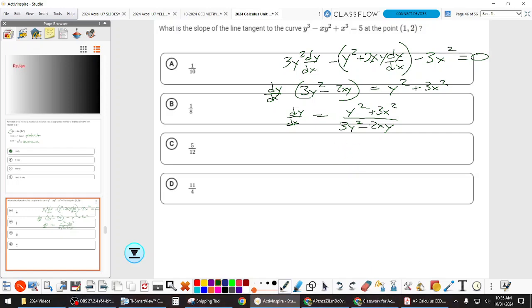Alright, so where's the issue? Yeah, because wouldn't you have to like, mine is on the bottom. Well, you would have to subtract, or yeah, you would have to add the y squared over on the other side because it's right there. But where is your 2x, 5, y dy dx?